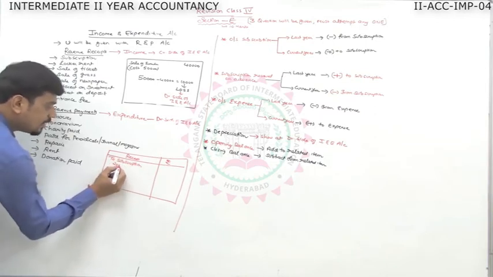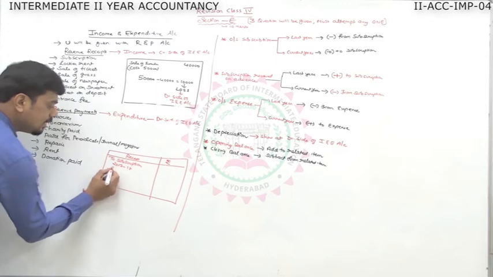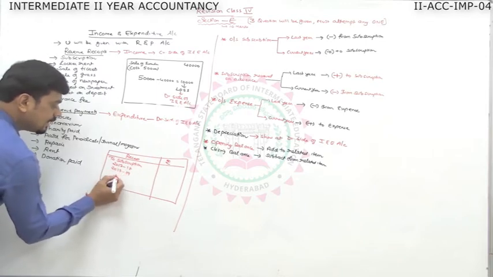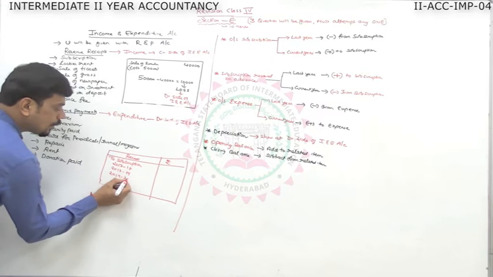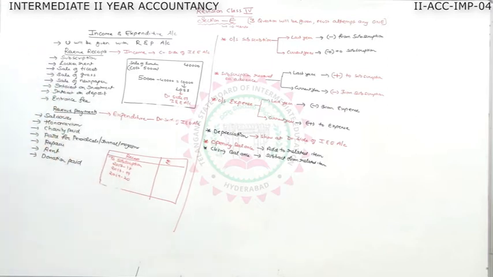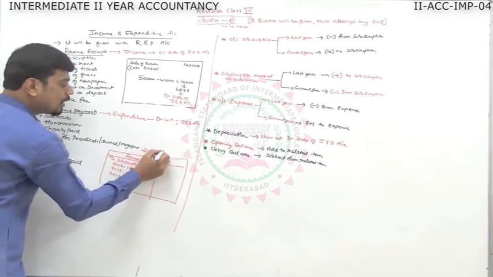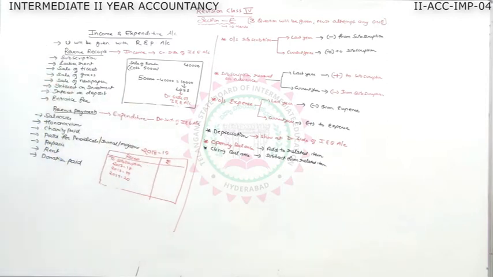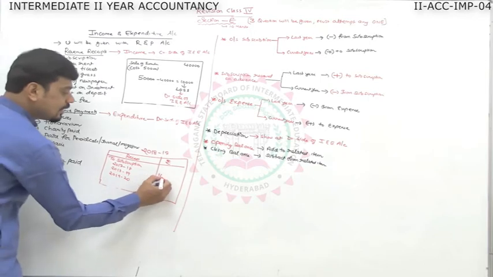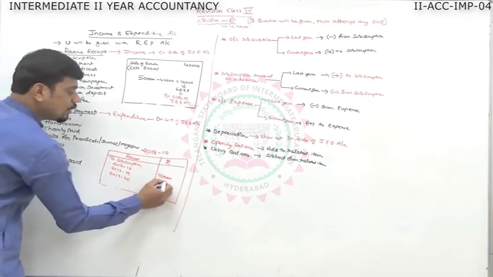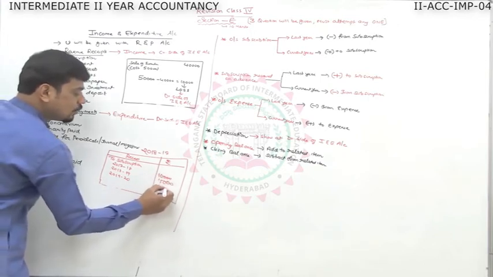Then he'll tell 17 to 18, 18 to 19, 19 to 20. Three years he gave. Here you see, usually they'll ask you to prepare the account for 18 to 19. Let me say some 10,000 here, some 15,000 here, and some 16,000 here.